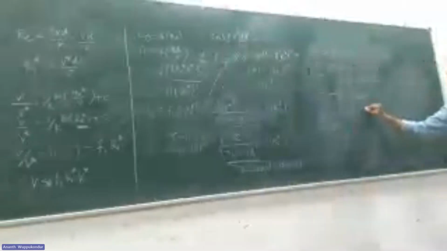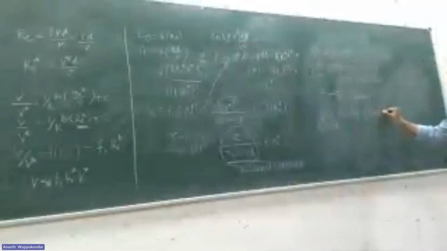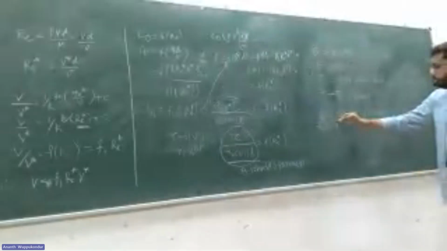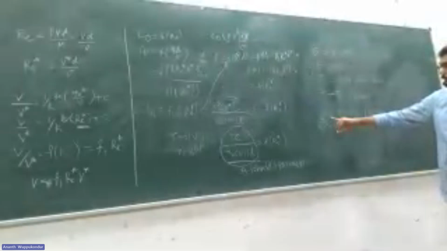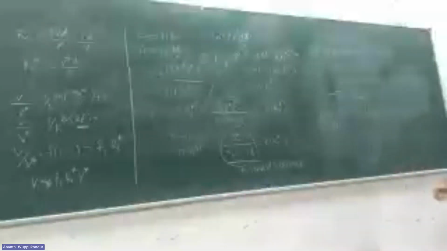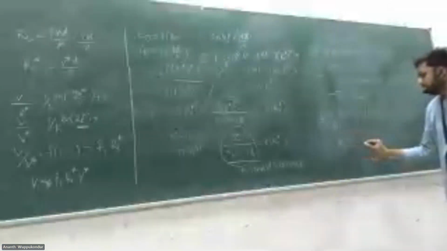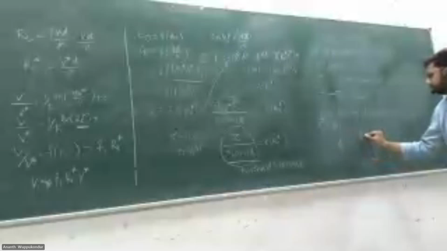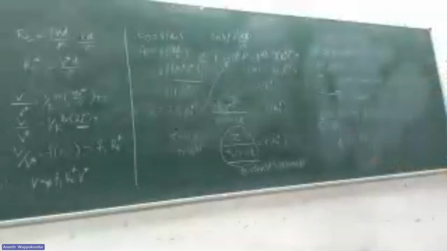Now, if the specific gravity is 2.65, what would be the limiting value for D in terms of R S? So what would be the relation between D and R S?